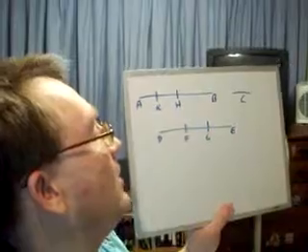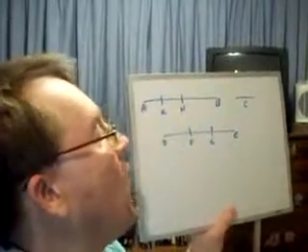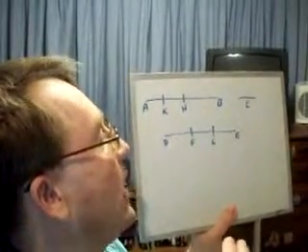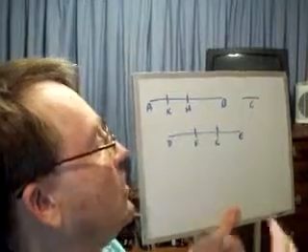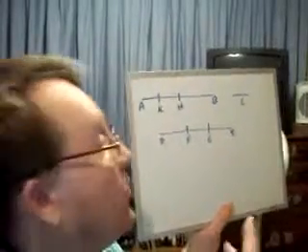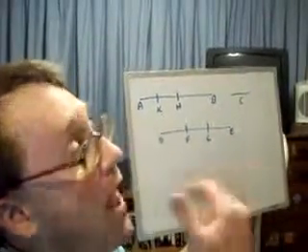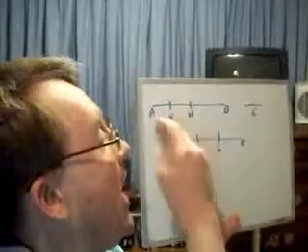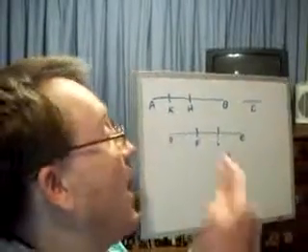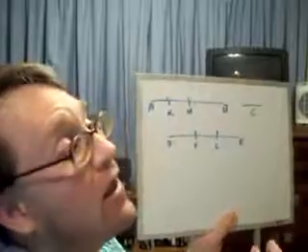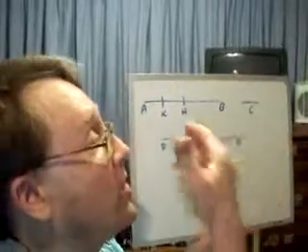Again, let's say that AH was 4 and HK was 3. Well, 3 is more than half of 4, because half of 4 is 2, and 3 is longer than 2. You understand this so far?